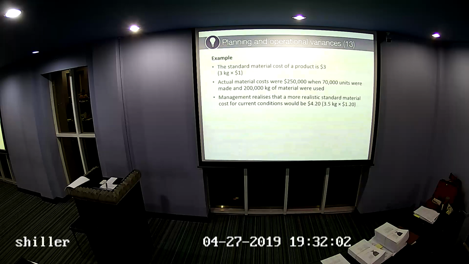Actual, it says actual. I'm just checking if you're still with me. Management realizes that the more realistic standard material cost at the current condition is $4.50, which means 3.5 kilograms by 120. So that is their new standard.